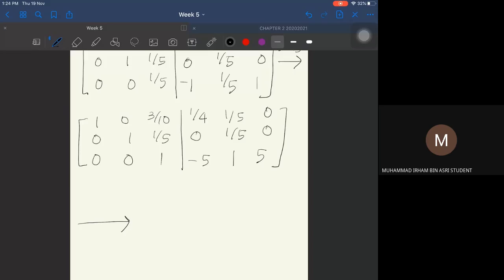Saya nak ambil equation tu R3 tolak 3 per 10 R1.